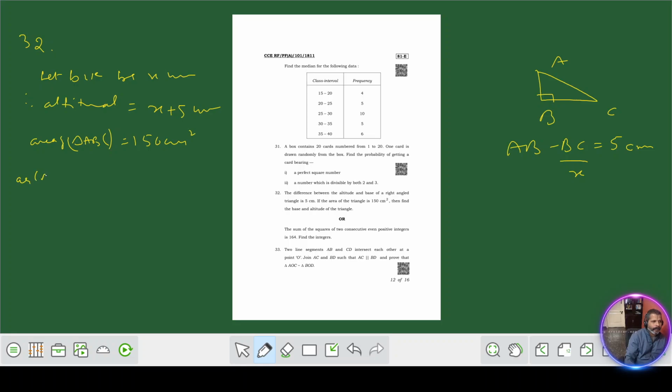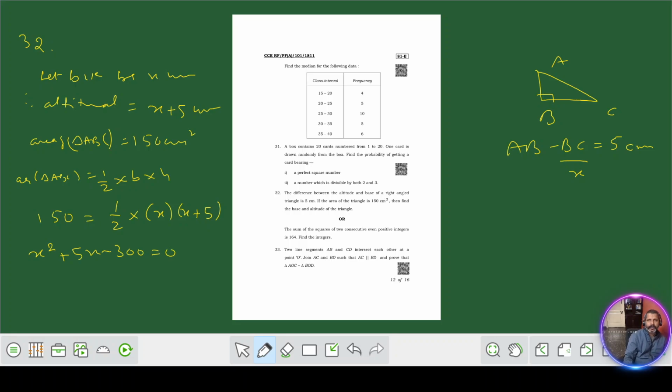Therefore, area of triangle ABC equals half into base into height. 150 is equal to half into base, which is x, height is x plus 5. Simplify this: x into x, x square plus 5 into x, 5x. 2 if you transpose here, it will be 300.